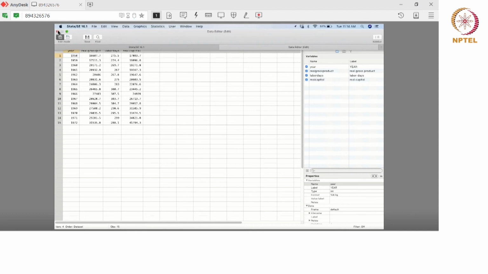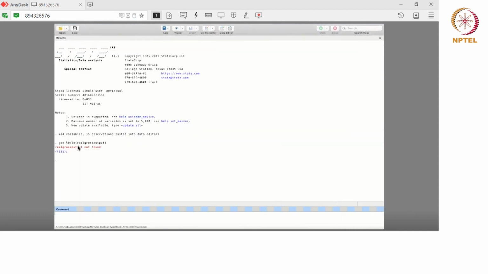So instead of output, I will say gen L0 equals ln real gross product.